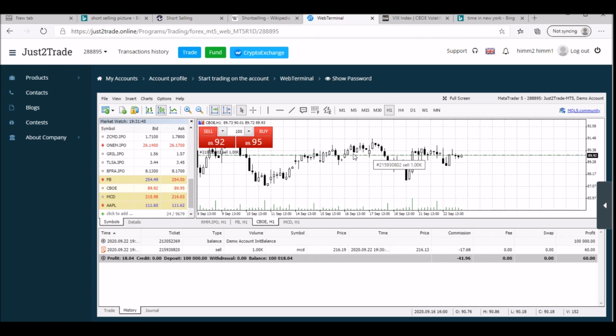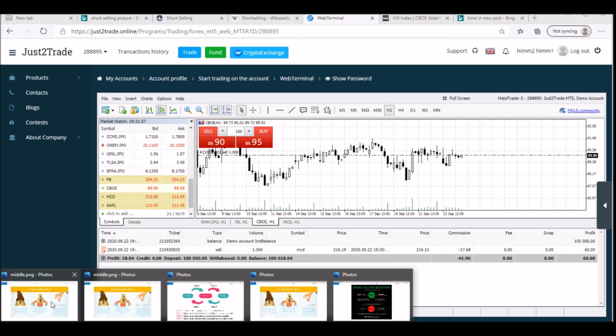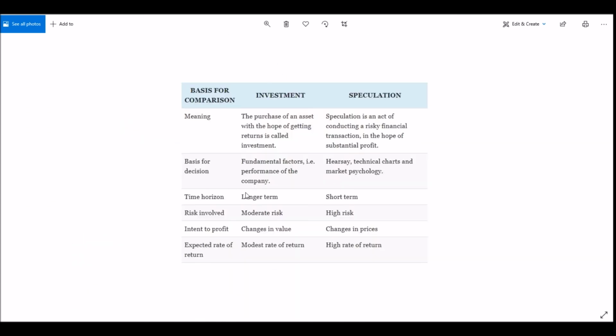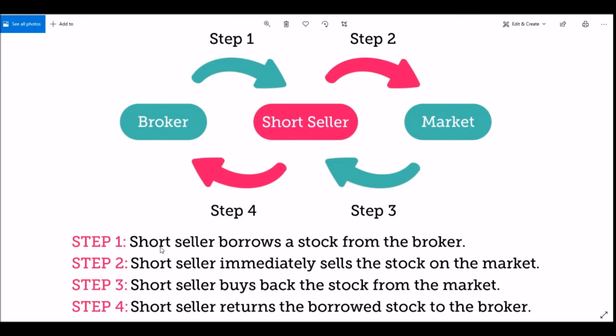This is the basic idea of how to short sell positions. The basic idea we said was to make money when the stocks go down. Then we showed some pictures here. You can see step one, the short seller borrows the stock from the broker. The short seller immediately sells the stock on the market, and then the short seller buys back the stock from the market, and the short seller returns the borrowed stock to the broker.